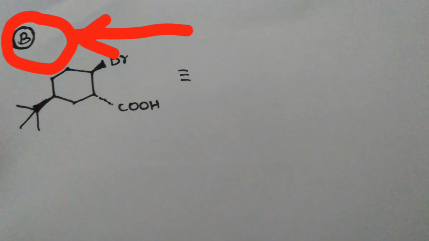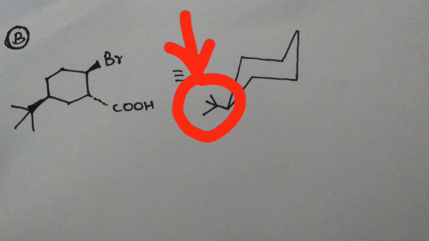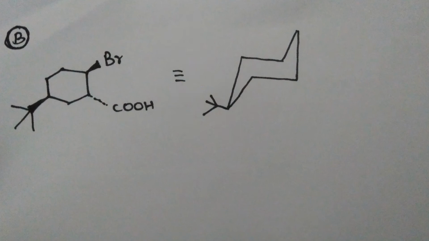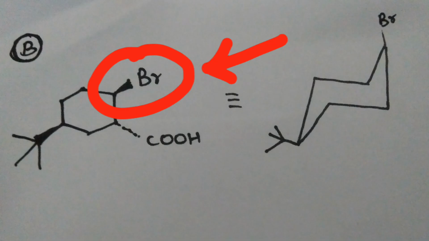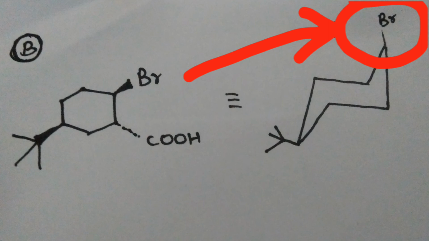In case of B, let us again draw it in the chair form. The tert butyl group, as usual, will be in the equatorial position for the chair form to be in the stable form. Now the bromine group over here is shown above the plane of the paper, as described earlier. It will be in the axial position again.